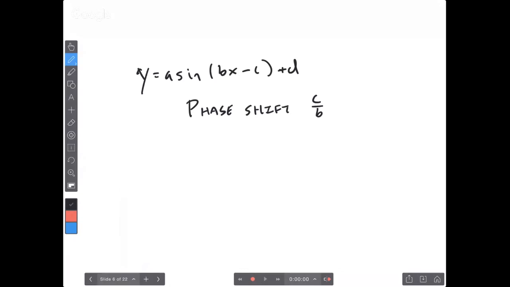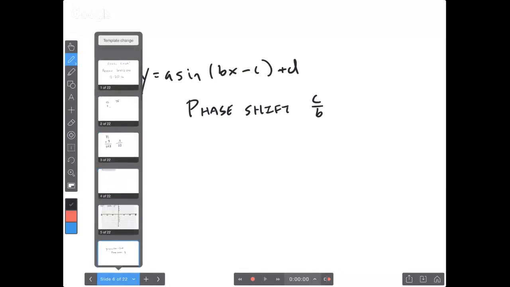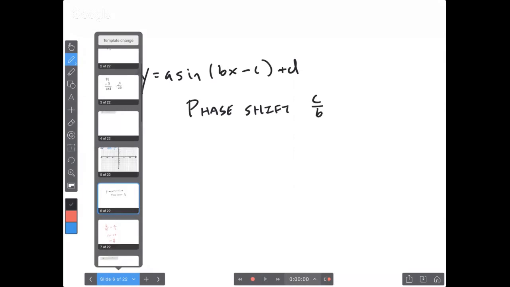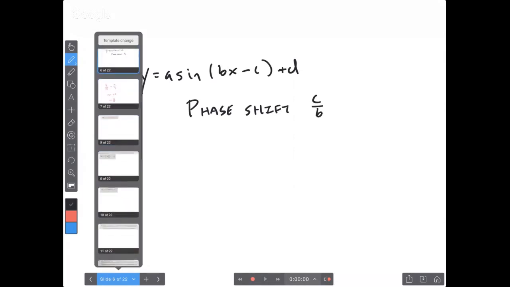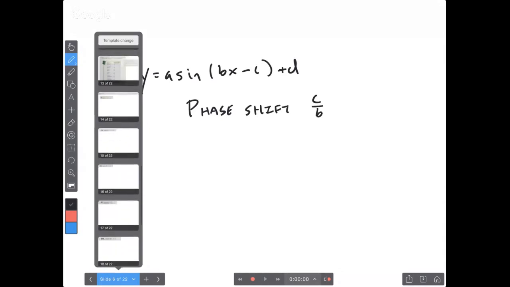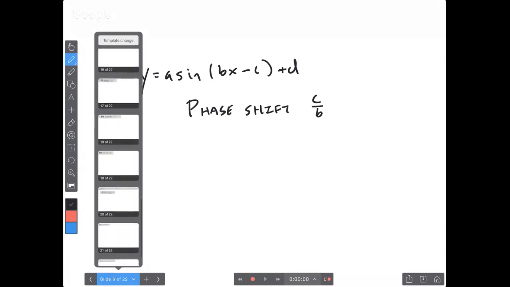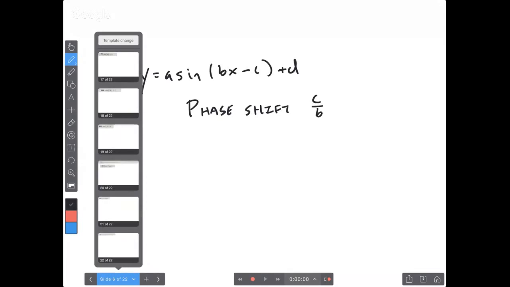The problem set. Hit a lot of problems. Should we count? Let's see. I see 1, 2, 3, 4, 5, 6, 7, 8, 9, 10, 11, 12, 13, 14, 15, 16 problems, Nick.